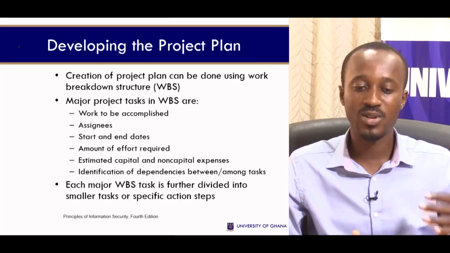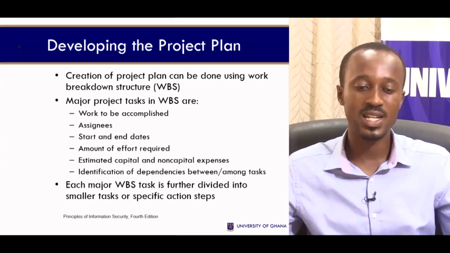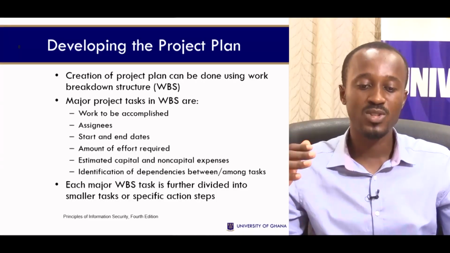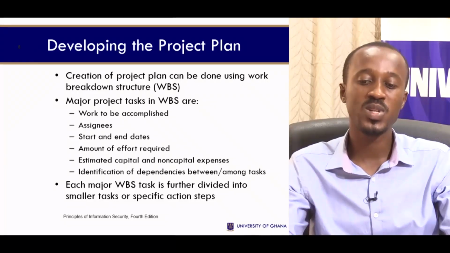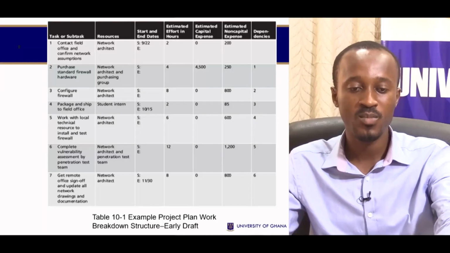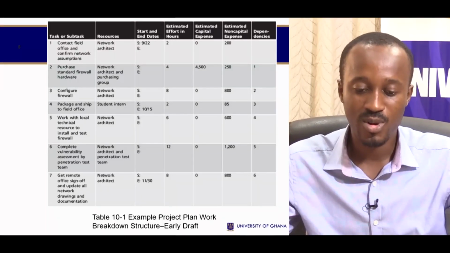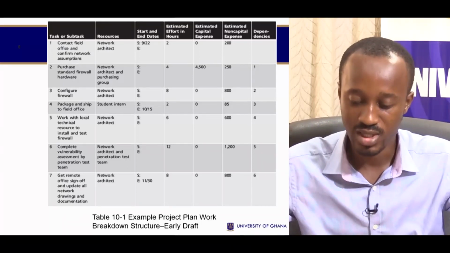Then you have the amount of effort required, so you do the weighting per task and the assignees. Then you do the estimated capital and non-capital expenses. Then you identify the dependencies between or among the tasks. This here is just an example of a work breakdown structure from a project.